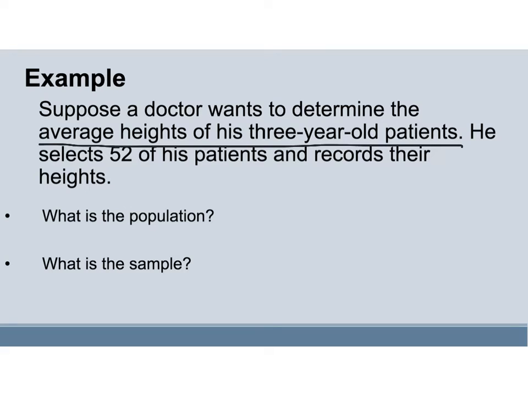So again, like the green bean example, we're interested in the heights of his 3-year-old patients. So that makes the population all the 3-year-old patients of this doctor. Now the sample would be the 52 that he selected. So the sample would be the 52 3-year-old patients that he selected.